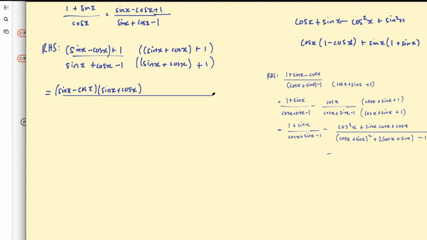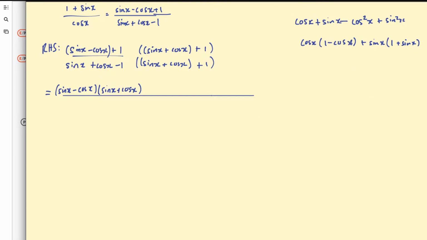This is going to be so long. Let's get rid of this junk. Didn't need that. Then we have plus sine x, take cosine x, plus sine x plus cosine x plus 1.